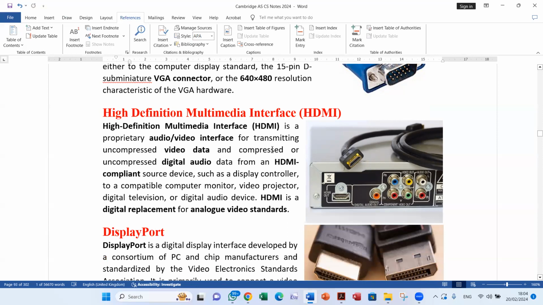The HDMI, High Definition Multimedia Interface, can carry high definition TV signals together with audio.